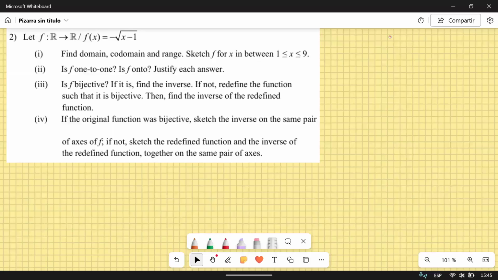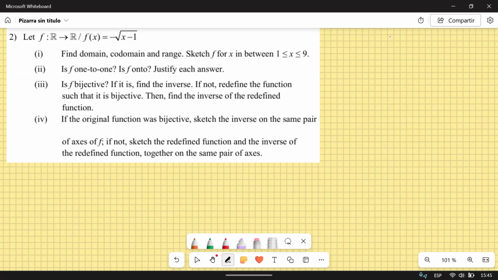Well, I will solve this problem of domain, range, and finding the inverse, and let's start by finding the domain. The domain of this function is given by the values that make the argument of the square root positive or equal to 0.